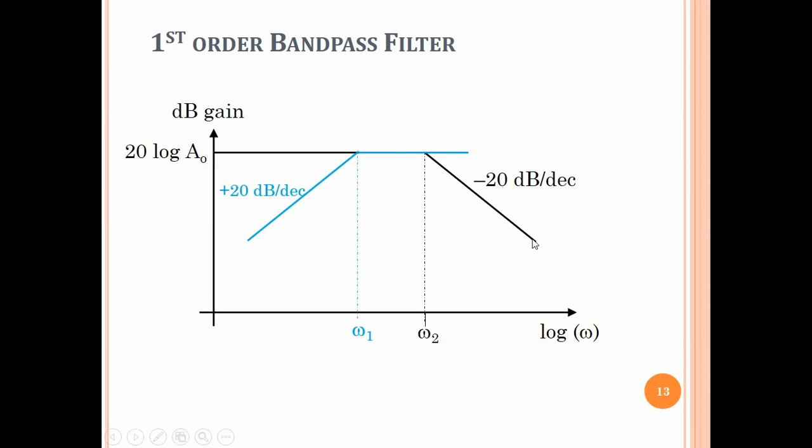All right, so this combined characteristic is a band pass filter that allows frequencies from omega 1 to omega 2 to pass through, and frequencies below omega 1 it attenuates, frequencies above omega 2 it attenuates. This is of course called a first order filter because these slopes are minus 20 dB per decade, well plus 20 or minus 20. If these were both 40, then that will become a second order band pass filter.